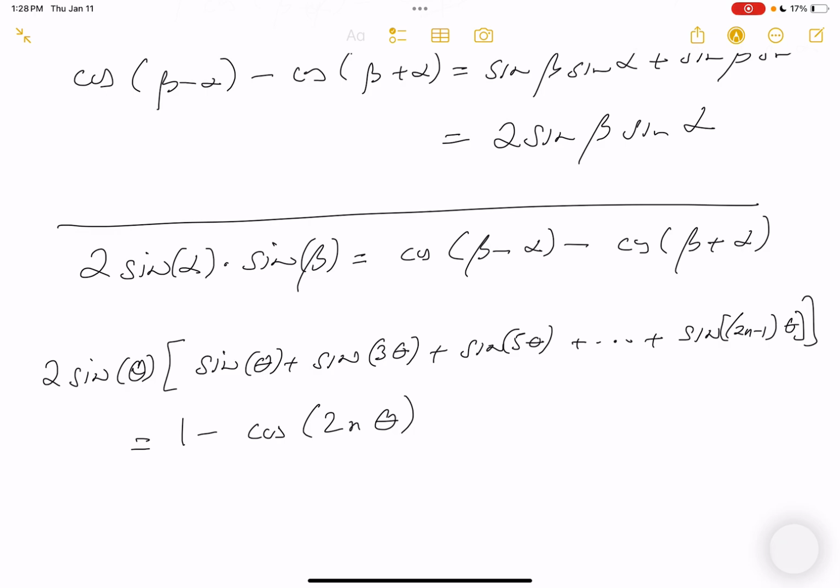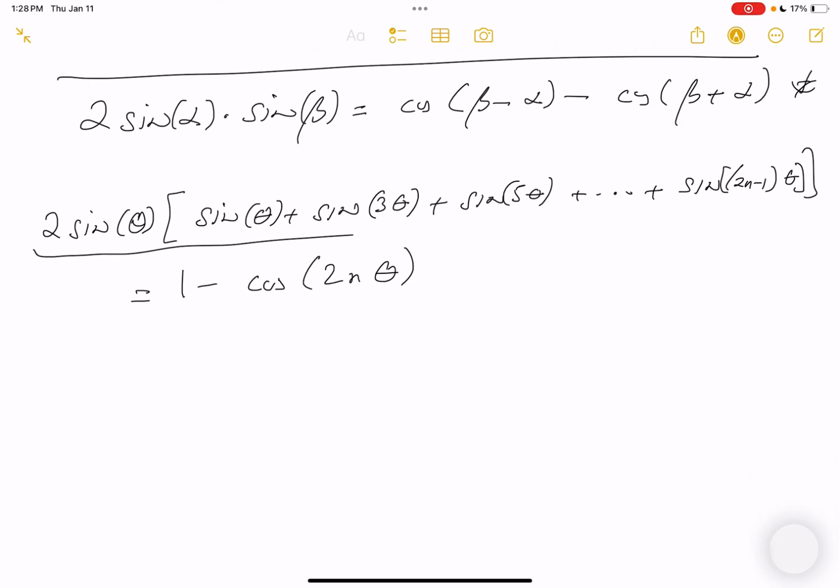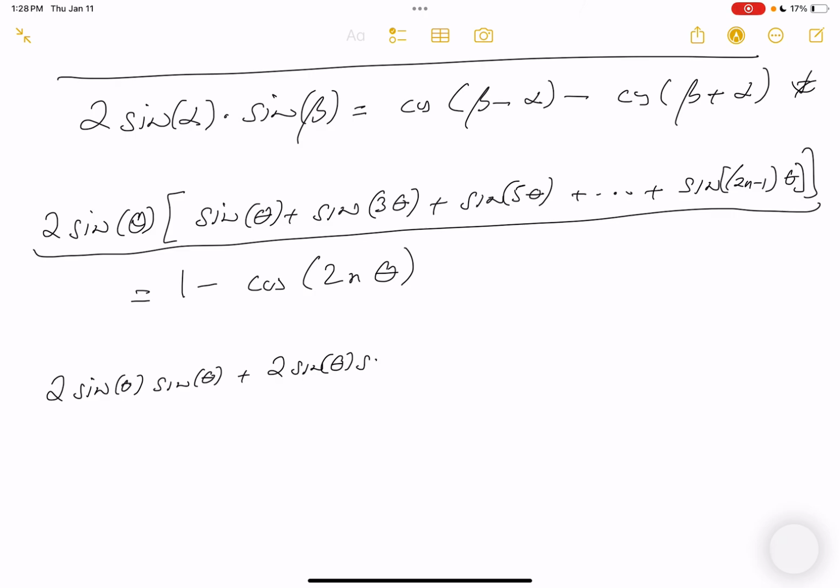So someone says, how would you do that? They gave me a hint. They said use this to do it. So I'm going to do that. I'm going to take the left side and start to expand it out. What would you get? You would get 2 sine theta sine theta. Then the next one is going to be plus 2 sine theta sine 3 theta.